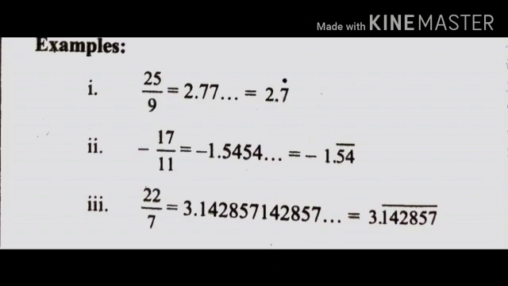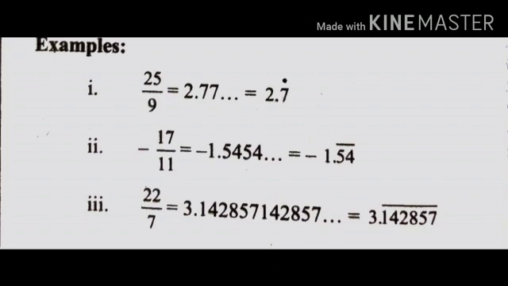Here, as only the single digit 7 is repeated, we will put a dot above the number 7, which means the number 7 is repeated.